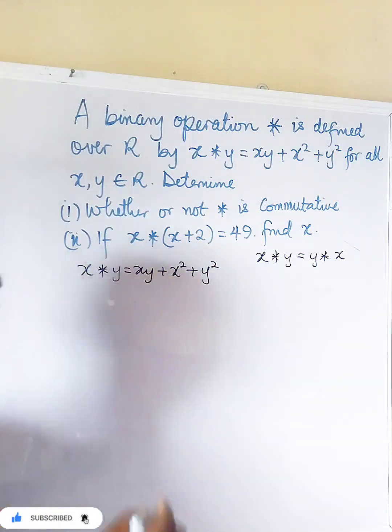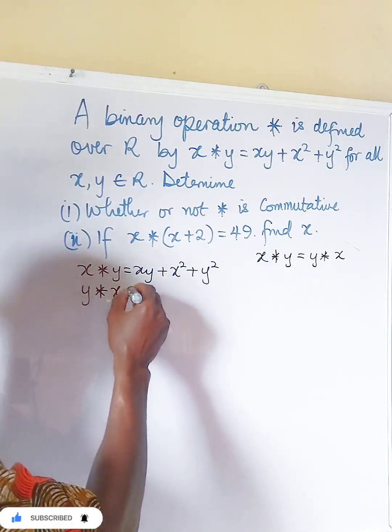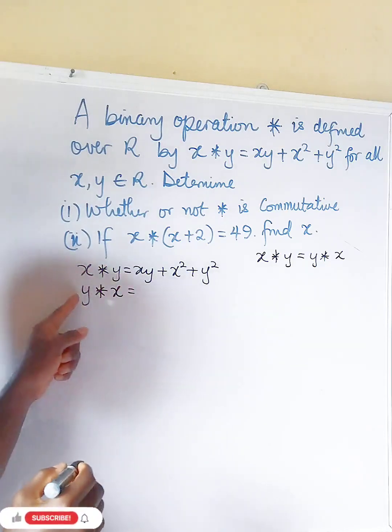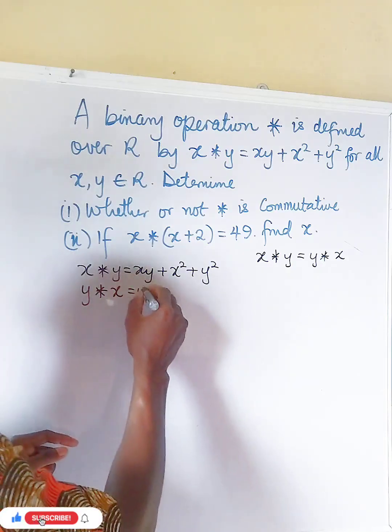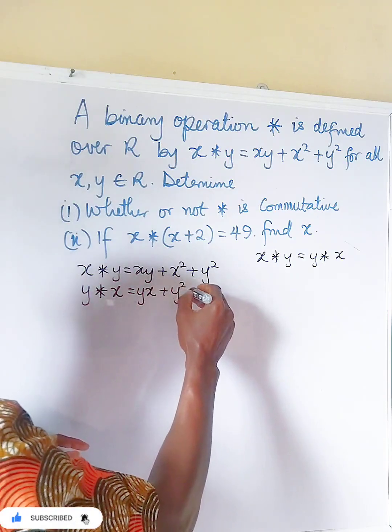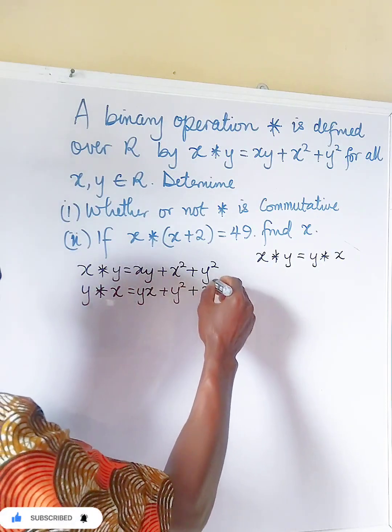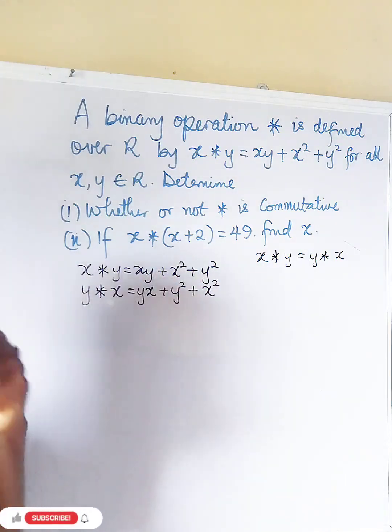Now let us interchange: y * x, which means wherever you see x, put y, and wherever you see y, you put x. So in this case you have yx, then plus y squared, then plus x squared. Now let us see if this and this have the same effect.